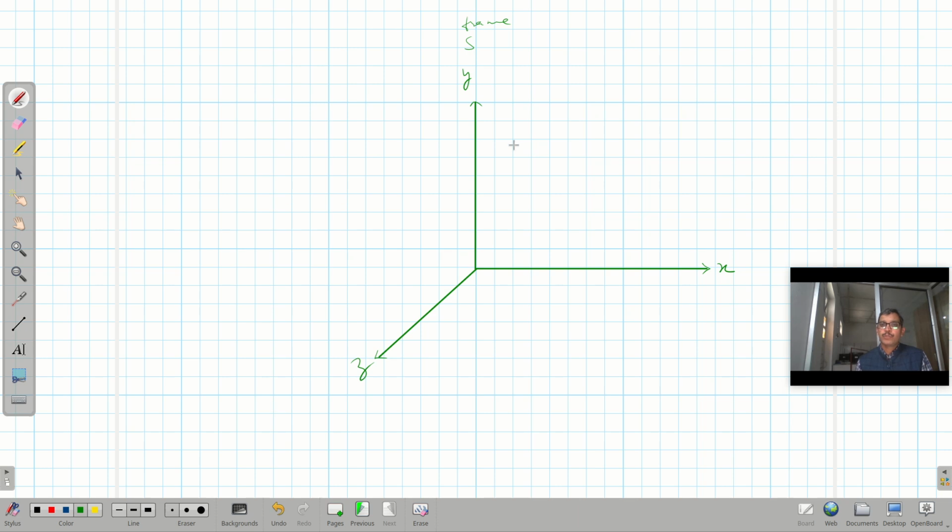And let us suppose there is another frame of reference and the origin is coinciding again, but it is rotated about the z-axis, means it is like this. There is another frame of reference. It is like this.